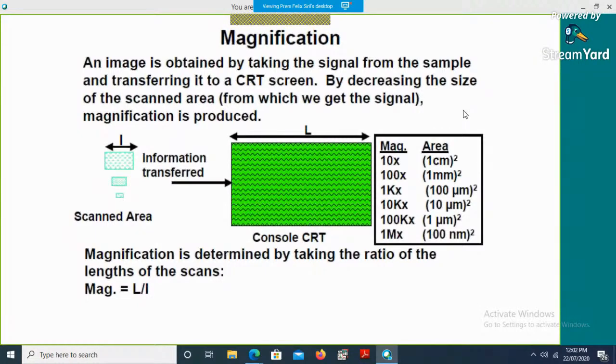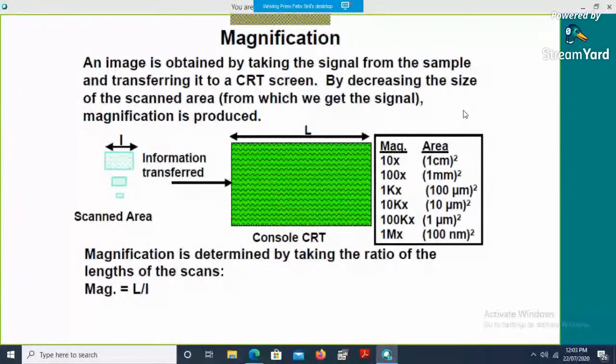Actually, the magnification in a scanning electron microscope is a factor of how much area is being scanned relative to the area of the console, your monitor.